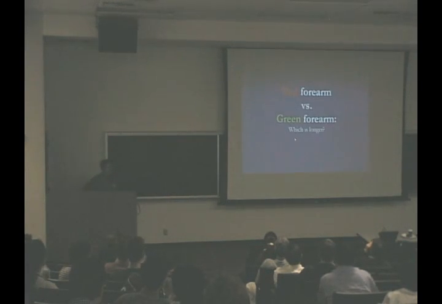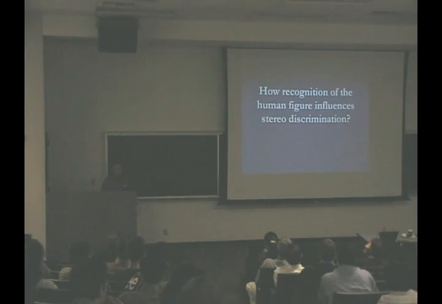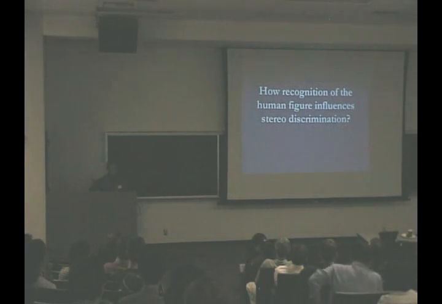So in other words, put simply, in this example, is the red forearm relatively longer in 3D, or is the green forearm longer? Our real question, as we said in the title, is how recognition of a human figure influences stereo depth discrimination.